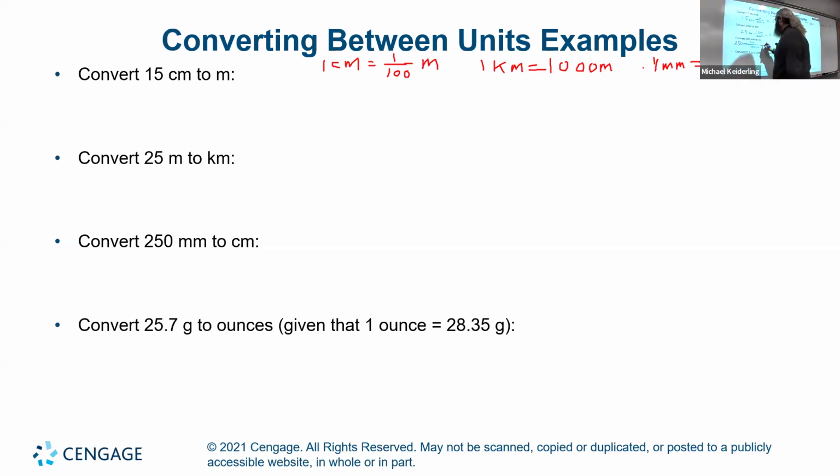And then 100 centimeters is 1 meter. So millimeters will cancel, meters will cancel, and we'll be left with centimeters. So 250 divided by 1,000 moves the decimal place 3 places to the left. Then multiplied by 100, which moves it 2 places to the right. That leaves us 1 place to the left at 25 centimeters.